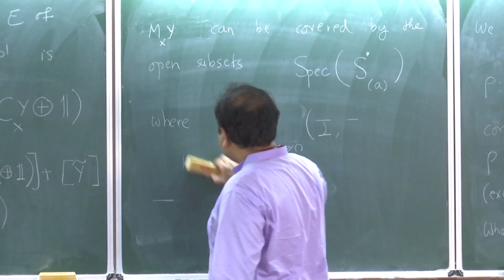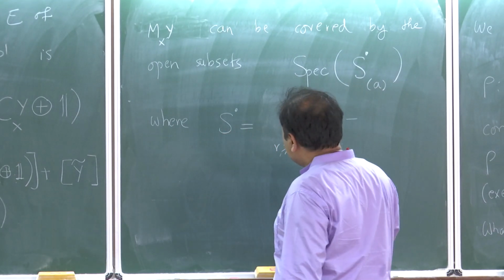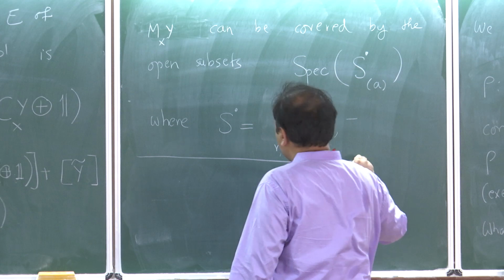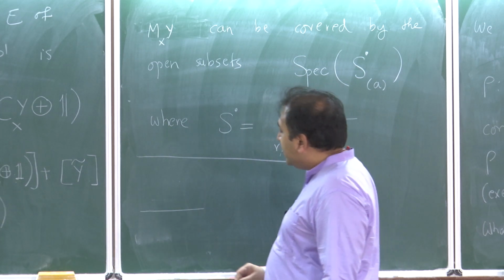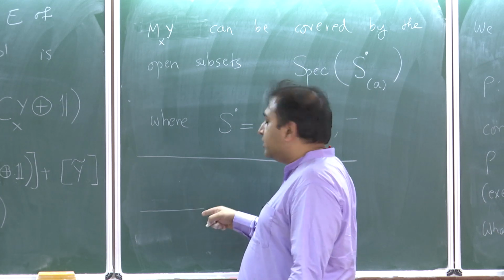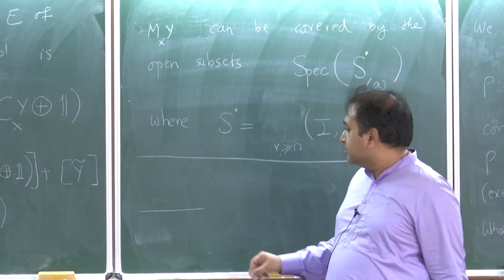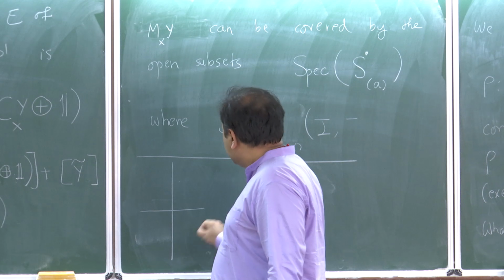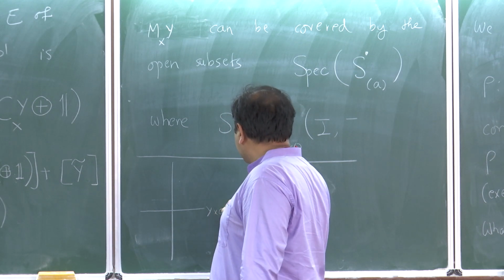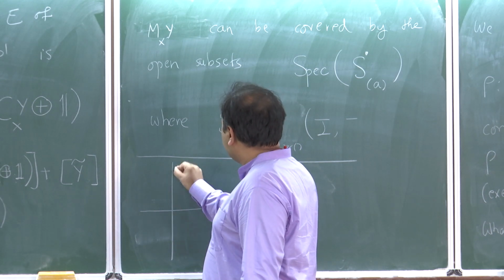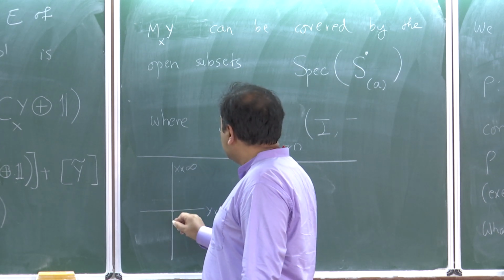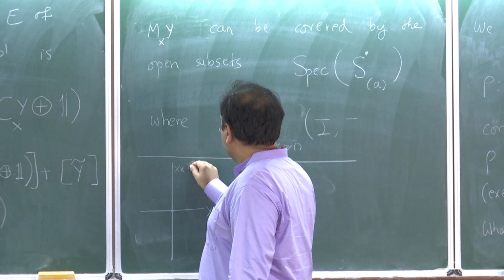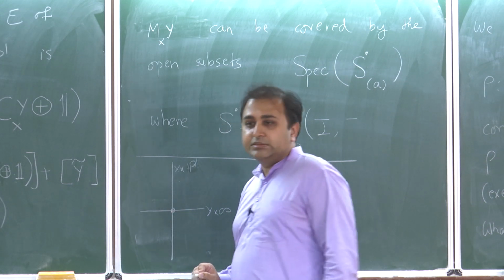The picture of what is going on here is this: let's say that my y is a line, say A1, and x is the origin. Let's say this is y cross infinity, and this line over the vertical line is x cross infinity, and I'm blowing up x cross p1, so what I'm blowing up is this point.